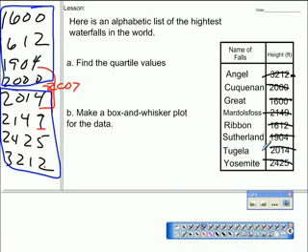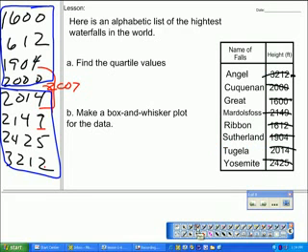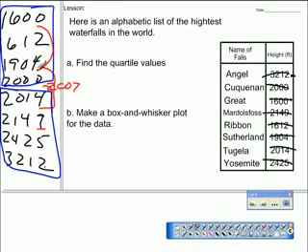Okay, so we caught our mistake. We start with the even number of numbers. 2007 is our second quartile, which means we have 4 numbers below it and 4 numbers above it, value-wise on the number line. So the first quartile is going to be the average of those two. 1612 plus 1904 gives 1758.